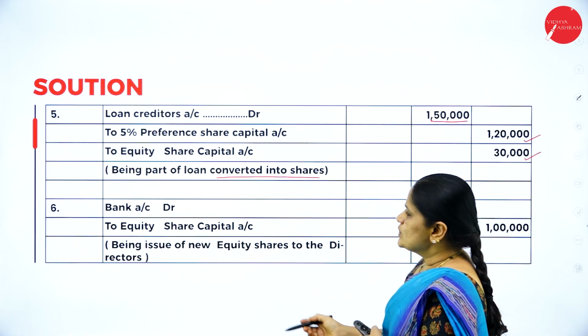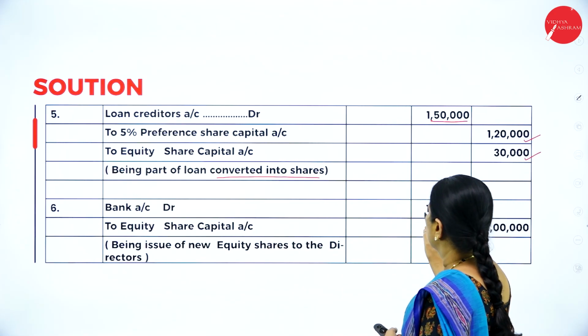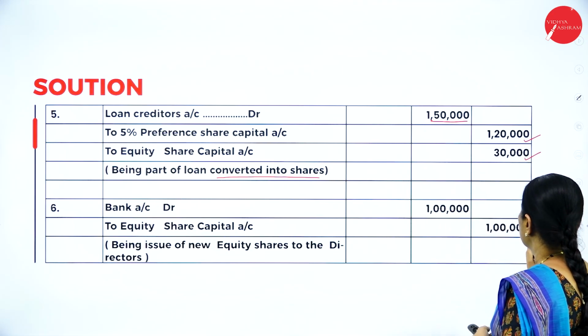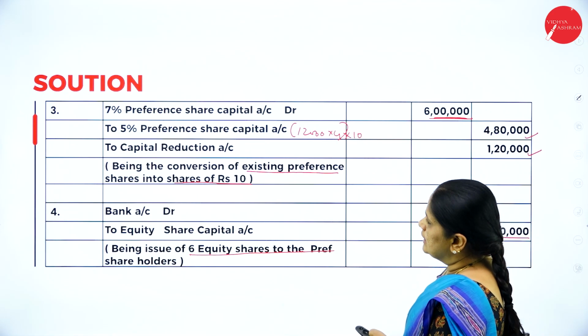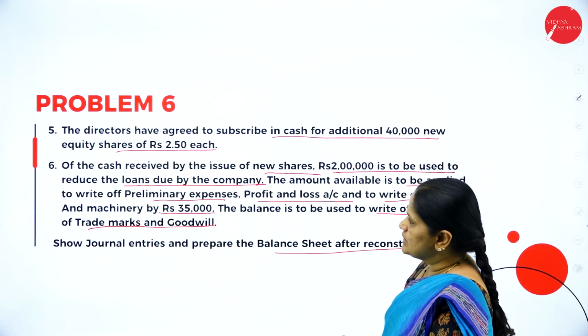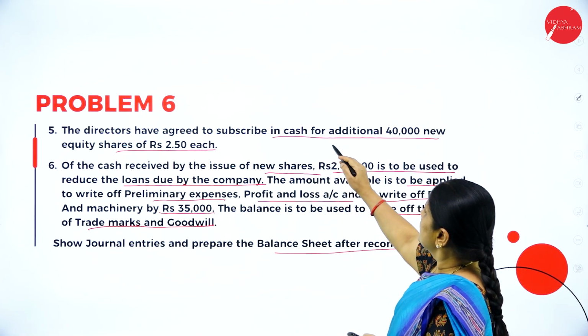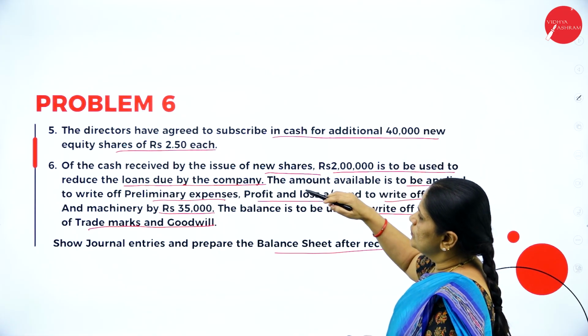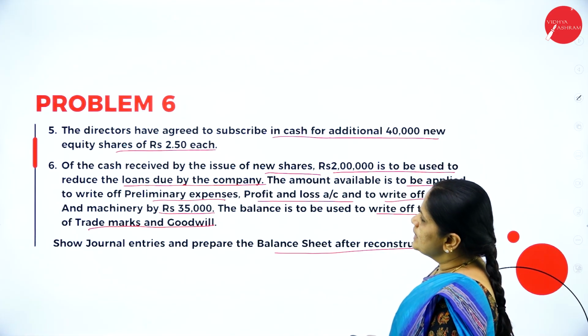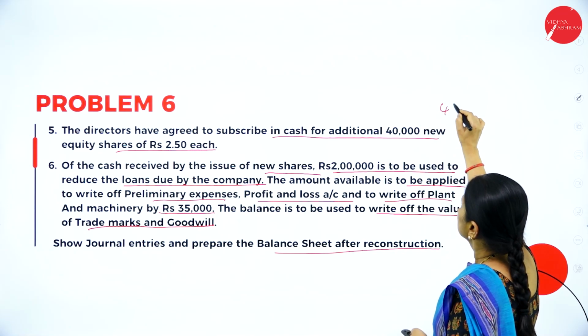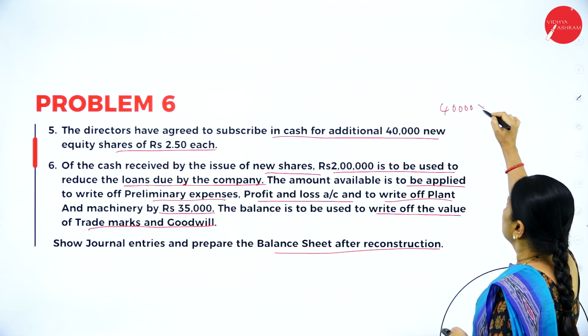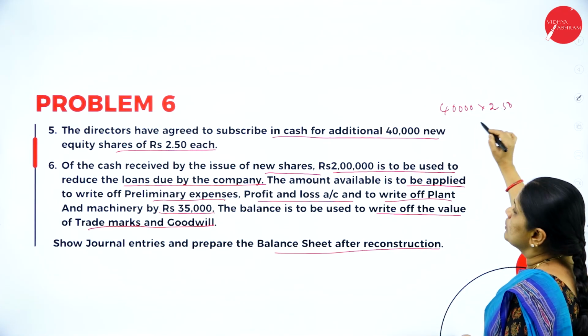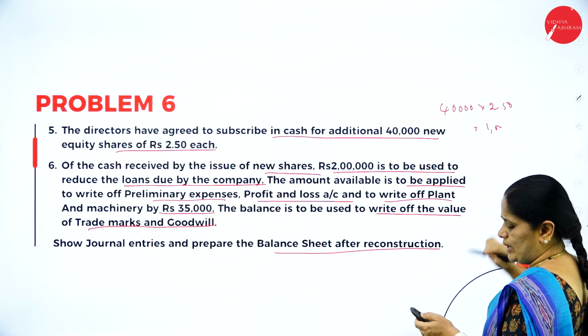Then next one is bank account debtor 1 lakh to equity share capital 1 lakh. So here if you can see the adjustment here, the directors have agreed to subscribe in cash for additional 40,000 new equity shares of 2 rupees 50 each. So 40,000 into 2.50 will be equal to 1 lakh.